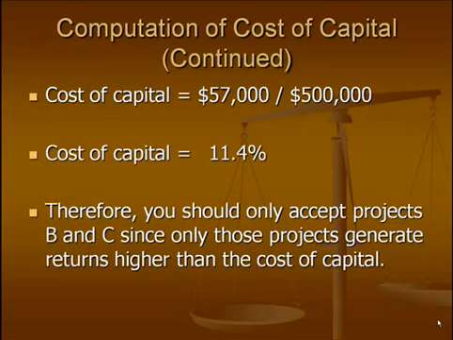So the cost of capital is 57,000 for financing of $500,000, which is 11.4%. Therefore, you should only accept projects B and C, since only those projects generate returns higher than the cost of capital.